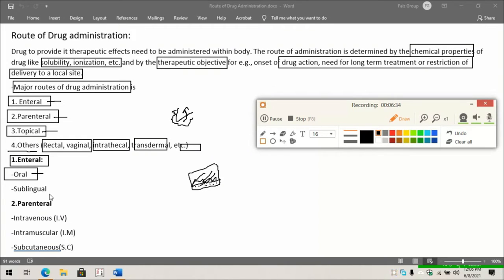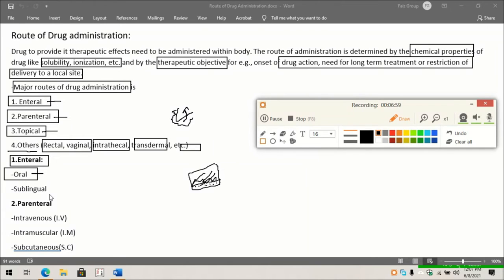But if it is not an injection, some tablet or capsule or powdered dosage form or some solution for oral preparation or syrup or elixirs, that can be easily self-administered. And the toxicities or overdose of oral drugs may be overcome with antidotes.